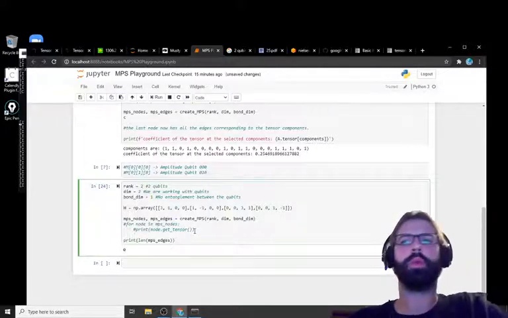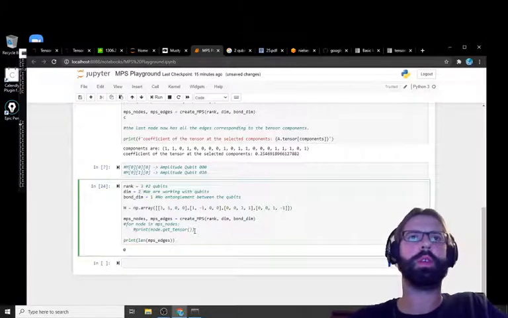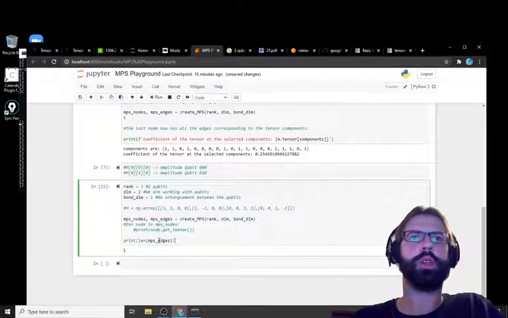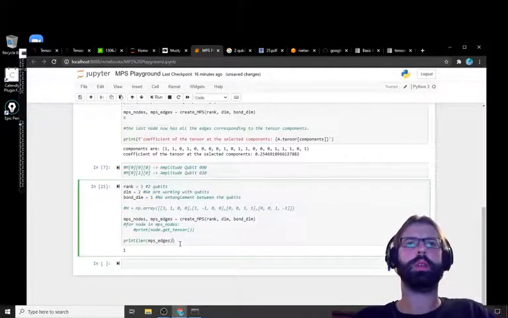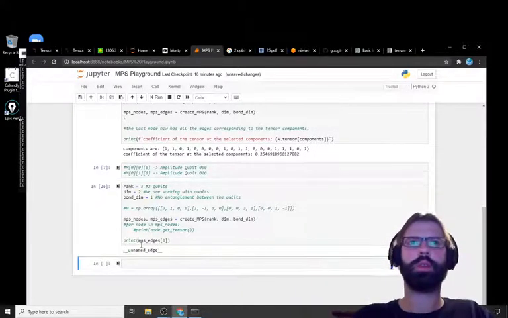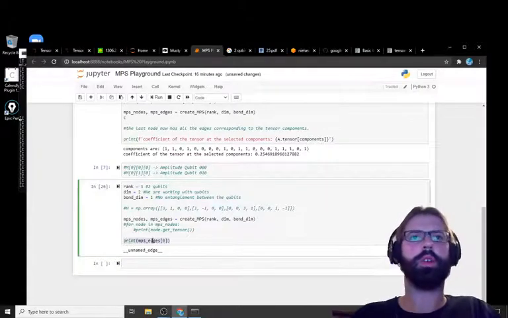So if I work with 3 qubits, maybe that's just like dimension 2, and then, you know, whatever, we'll just fix that. And now there's one edge. So what if I print this edge? It's a named edge, obviously.